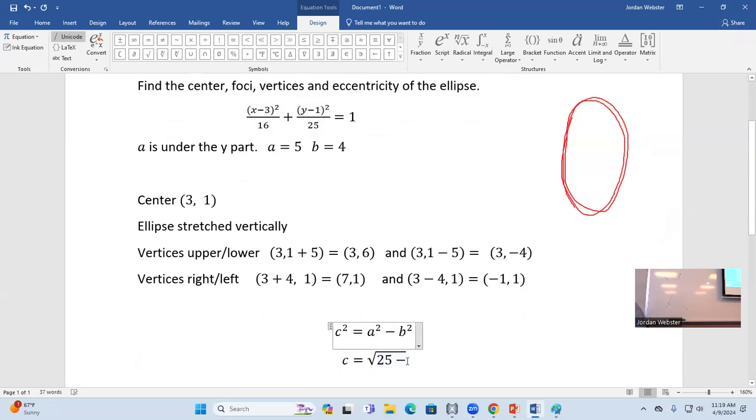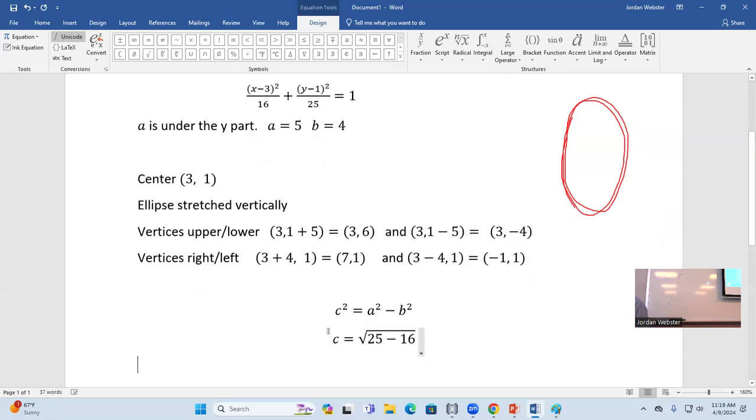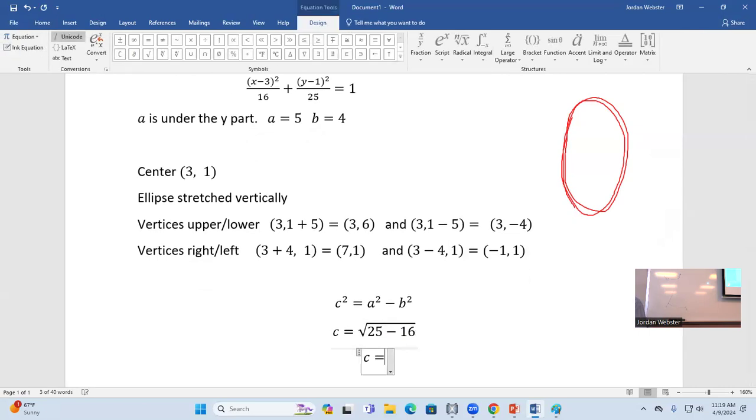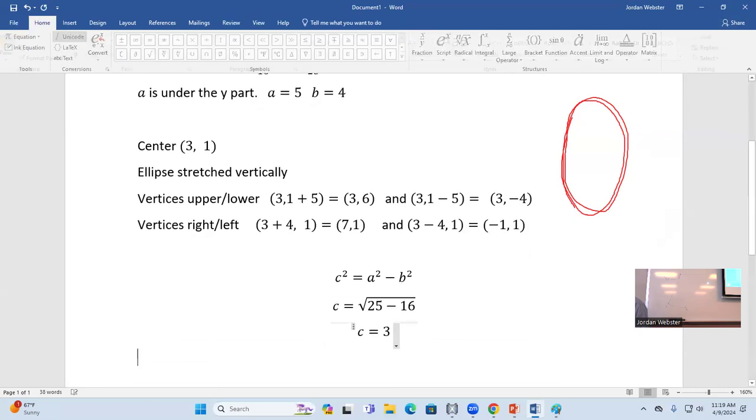For an ellipse, it should be a squared minus b squared. Let me repeat that. C squared is equal to a squared minus b squared for an ellipse. That means when it's all said and done, C has to be 3.